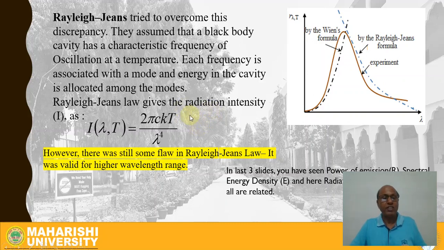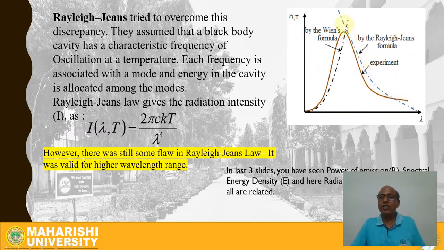One good thing was that he explained that there is a form of cavity in the black body structure, each having a characteristic frequency, but he could not explain the complete experimental behavior, and this formula was able to explain only the higher wavelength part.